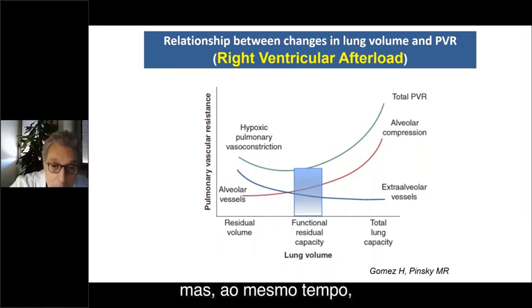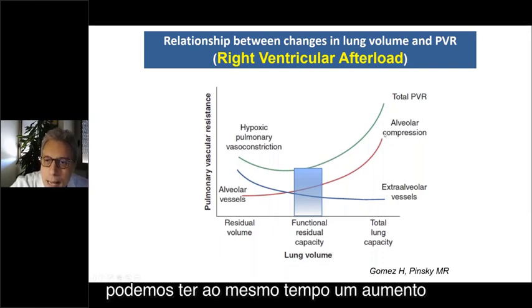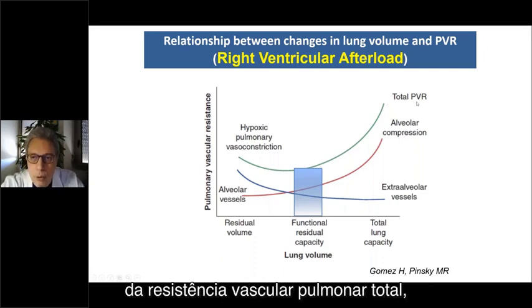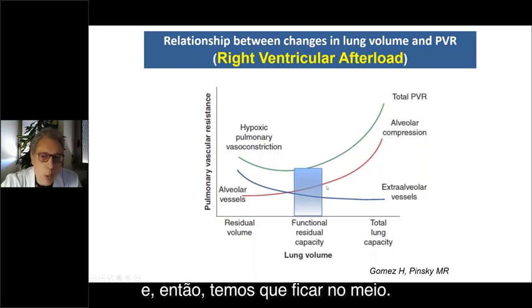But at the same time, we know that if we hyperexpand the lungs, we can have an increase in total pulmonary vascular resistance because we have a compression of the alveolar vessels. And then we have to stay in the middle.